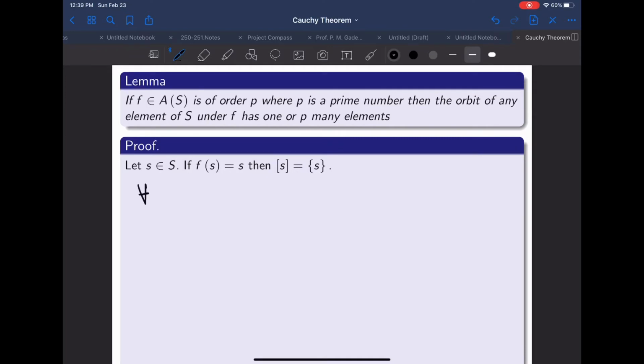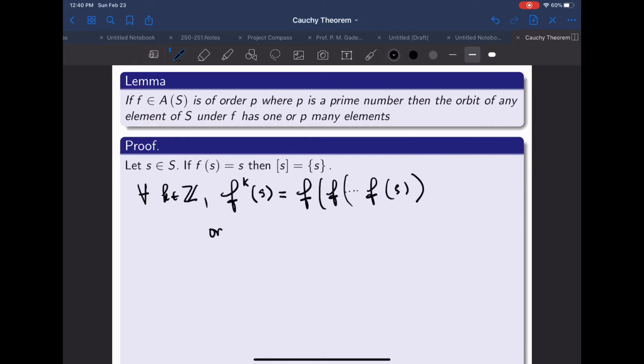Because for any integer k, f^k of s will be f of f of ... of s, or it will be f inverse of f inverse, and so on, of f inverse of s, the absolute value of k times.